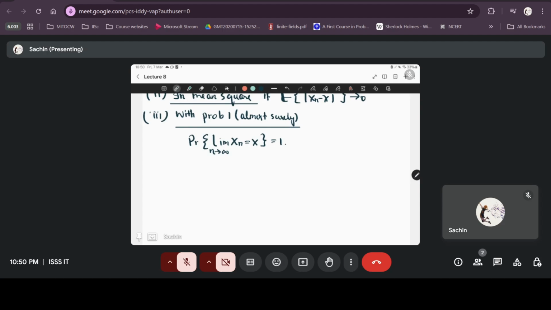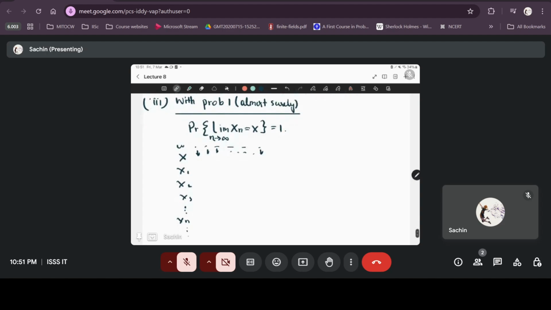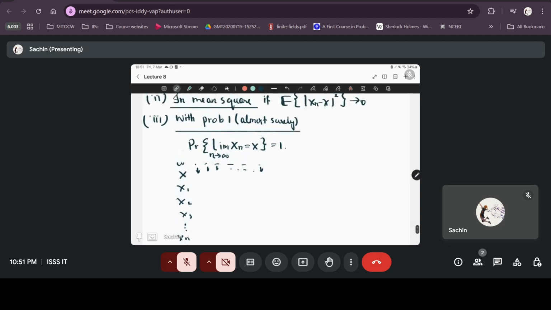Finally, when you say X1, X2, Xn converge to X with probability 1 or almost surely, then what it means is that you have a set of outcomes. You have a mapping X, a random variable, which maps the outcomes to the real numbers. And then you have a sequence of such mappings.